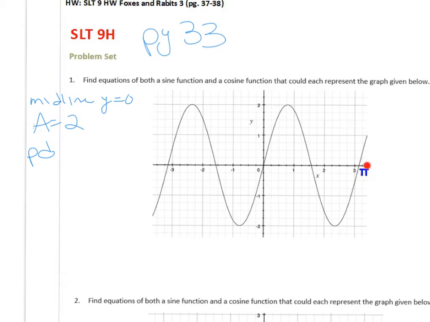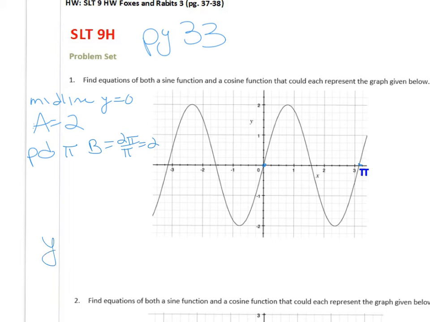So what I've labeled a little past 3 is pi, because pi is 3.14159. So if we look at one rotation of the wave, the period is pi, which means the b value in my equation is 2.